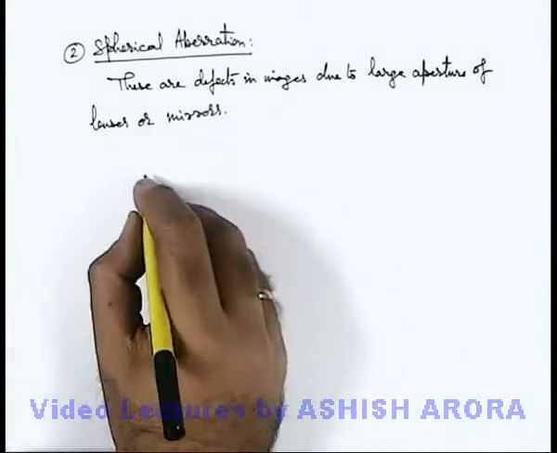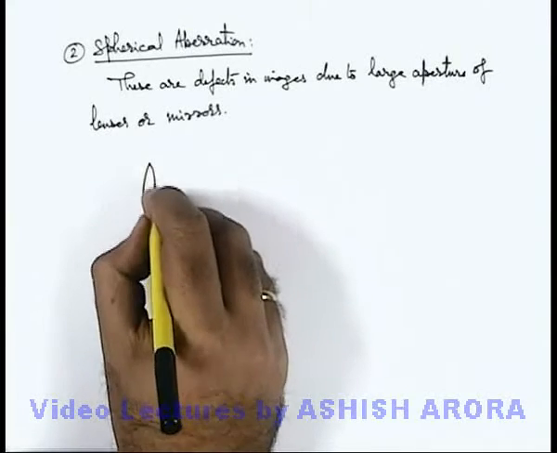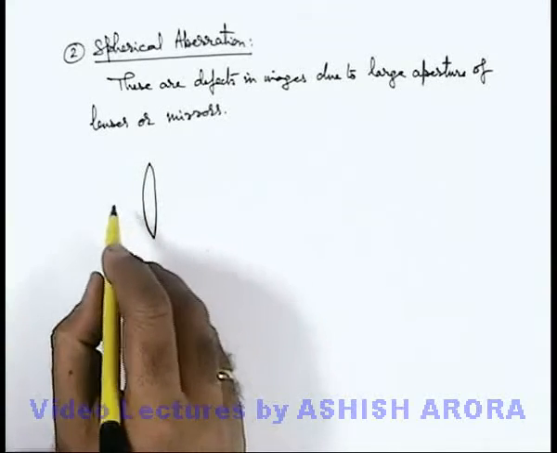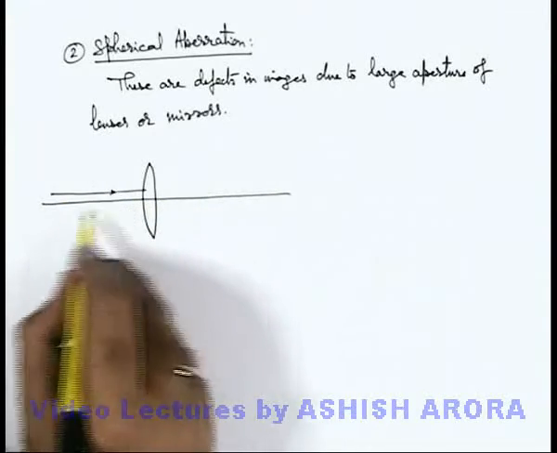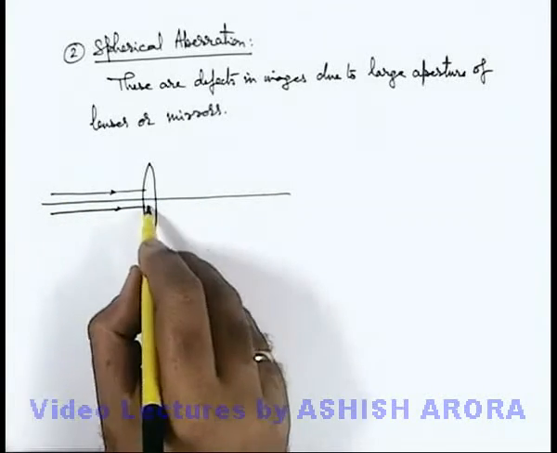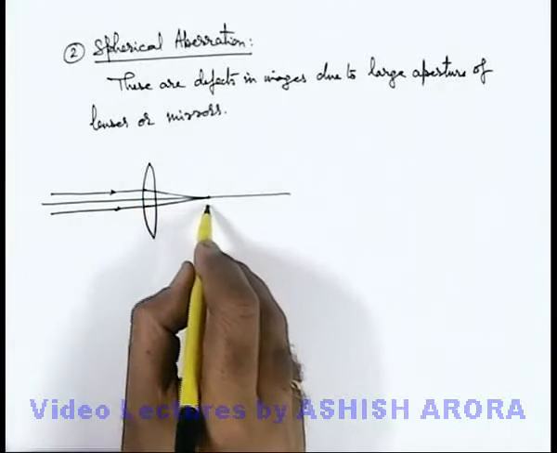This is because if we consider a lens, we already studied that all light rays which are paraxial incident onto the lens will focus at a point which we call its focus.